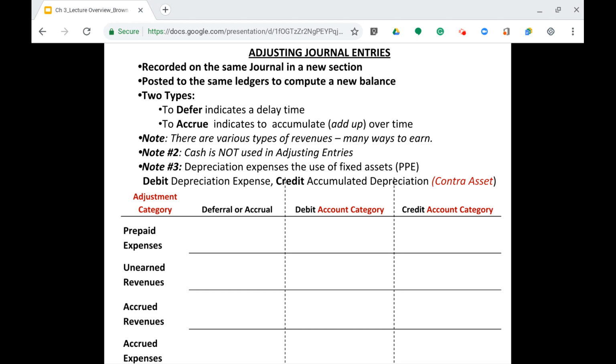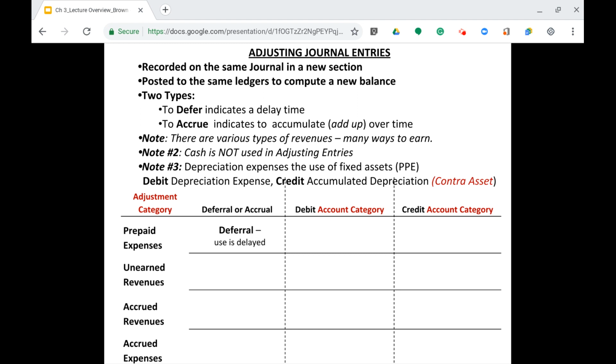Prepaid expenses and unearned revenues, you've also been dealing with, you just didn't realize it. So prepaid expenses would be something like supplies. You bought the supplies at the beginning of the month so that you can use them during the month. So that means at the end of the month, you will not have the same amount you started out with. And you know that from the two examples we've already done. This is a deferral.